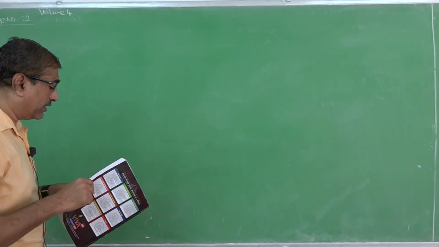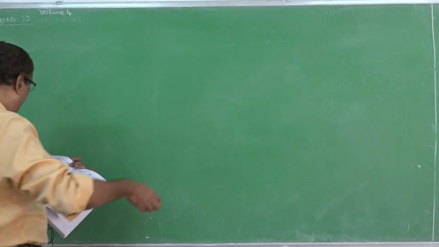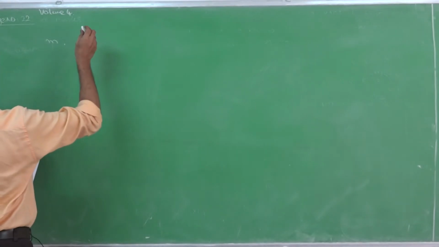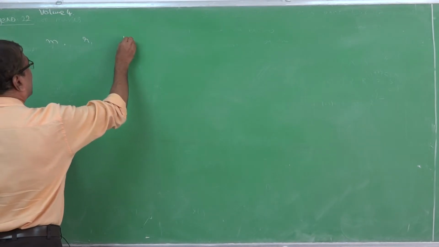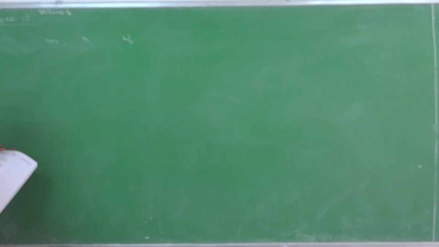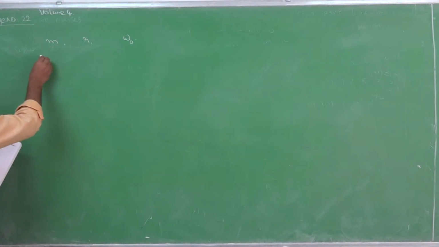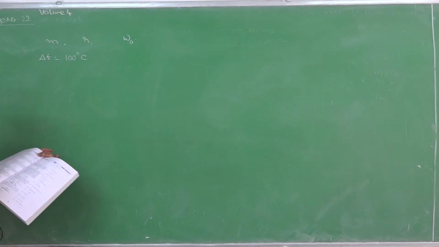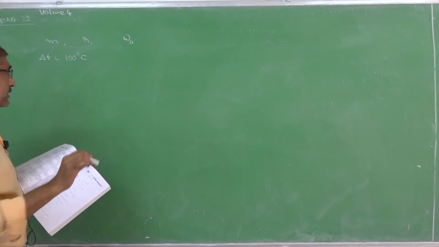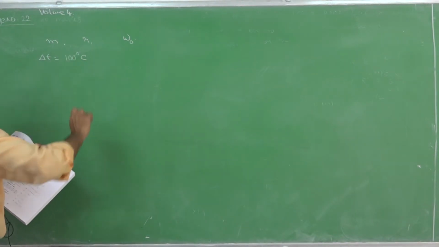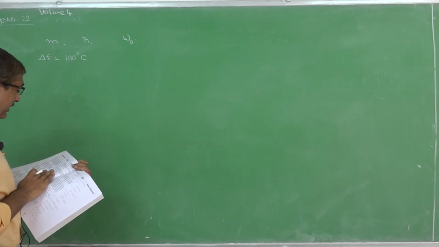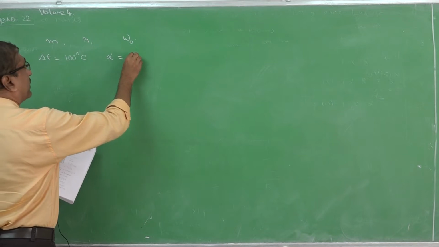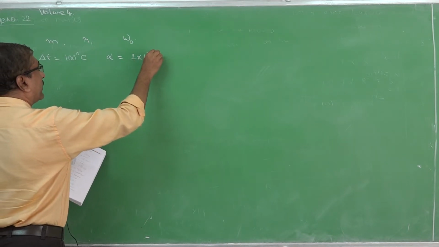Okay. Now, it is given that a sphere of mass m, radius r, and angular velocity omega 0. When the temperature is increased by 100 degrees, that means delta T is 100 degrees centigrade, without any other disturbance, that means without any change in its mass, the coefficient of linear expansion of the material alpha is 2 into 10 power minus 4 per degree centigrade.